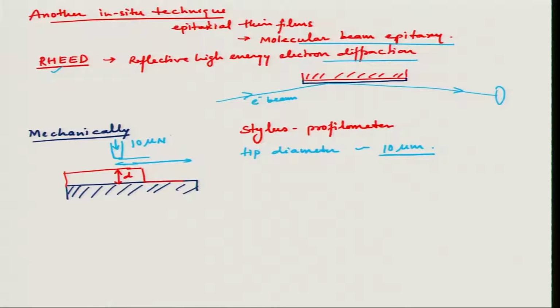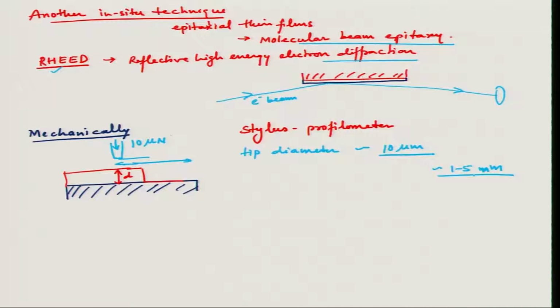It will not give you a very good lateral resolution, but will give you very good vertical resolution, of the order of around 1 to 5 nanometer. So, you can get the thicknesses with the resolution of 1 to 5 nanometer.